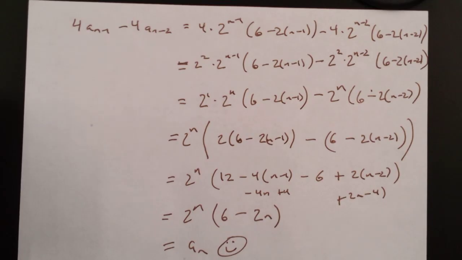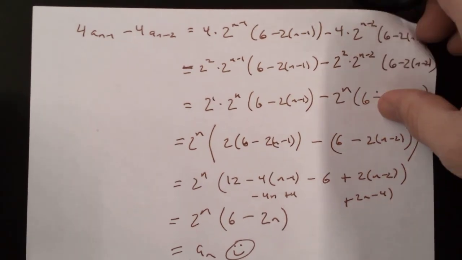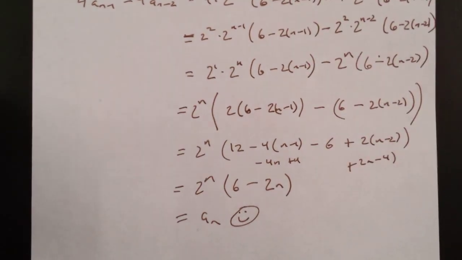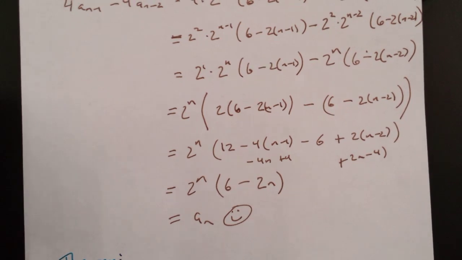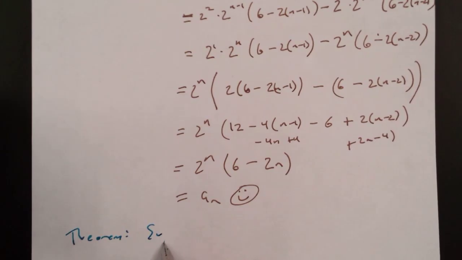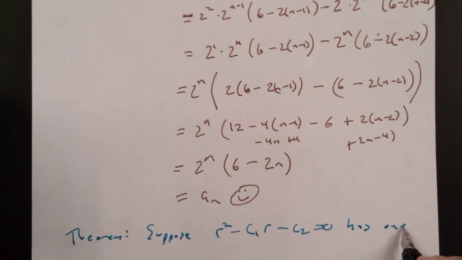Which means I can now write a version of Theorem 1 that applies to repeated roots. I want to write it basically the same way I wrote it before. Suppose r squared minus c1 r minus c2 equals 0 has one real root.